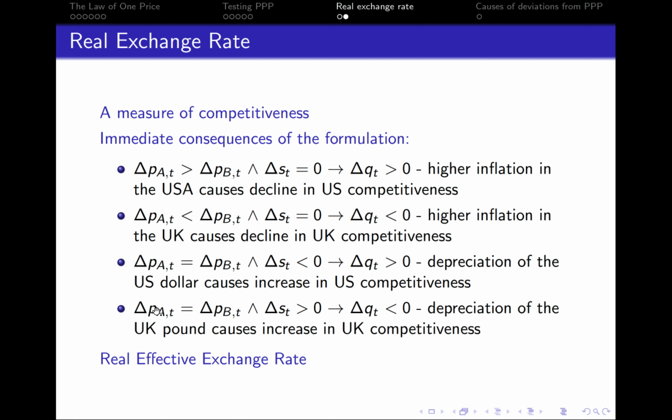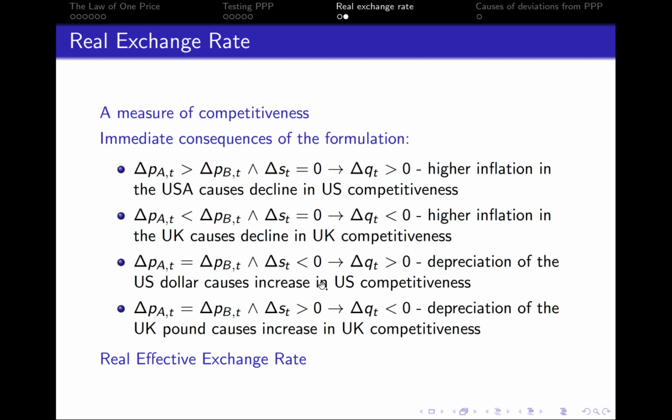But a person who lives in the United States thinks that now with the same amount of dollars I can buy more pounds, so now I can purchase more goods in the UK, and ergo the UK's economy has become more competitive.